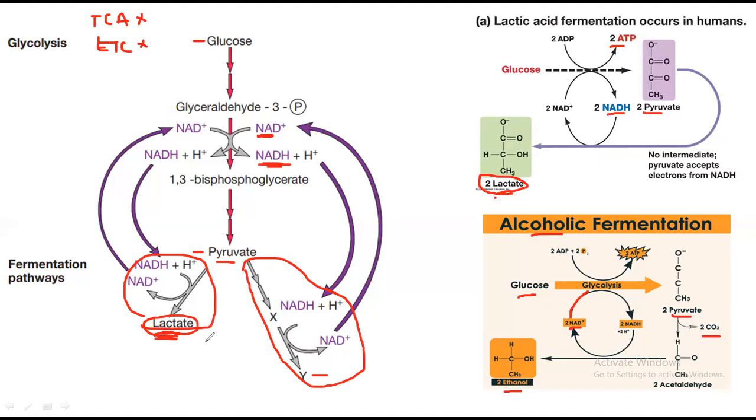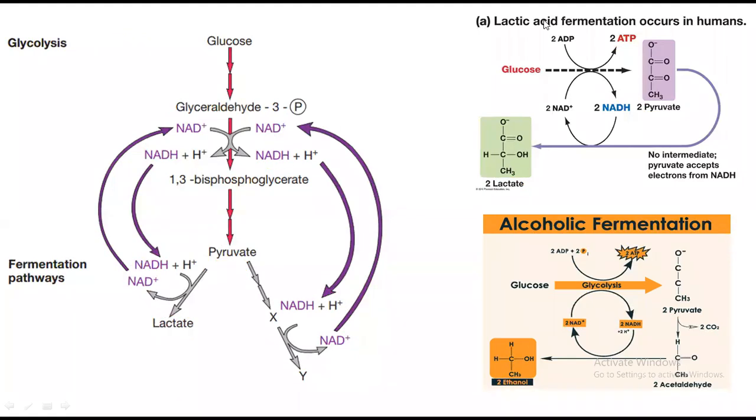And the NADH that is produced in the glycolysis pathway should be converted into NAD so that it can be used again in glycolysis. So we get our NAD back, and we also get our different fermentative products, and these products then give flavors to our food. So this is all about the fermentation.